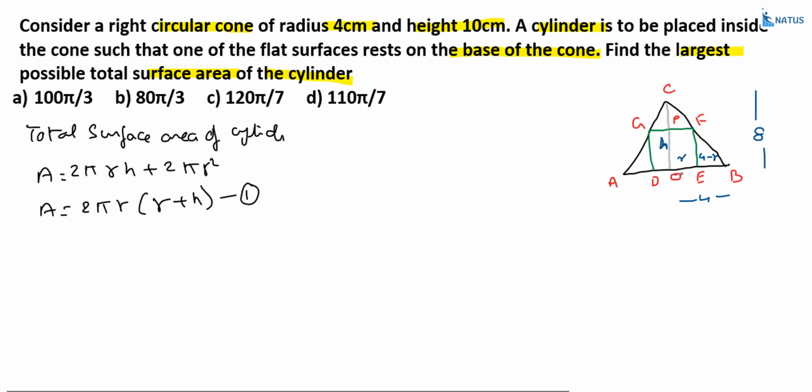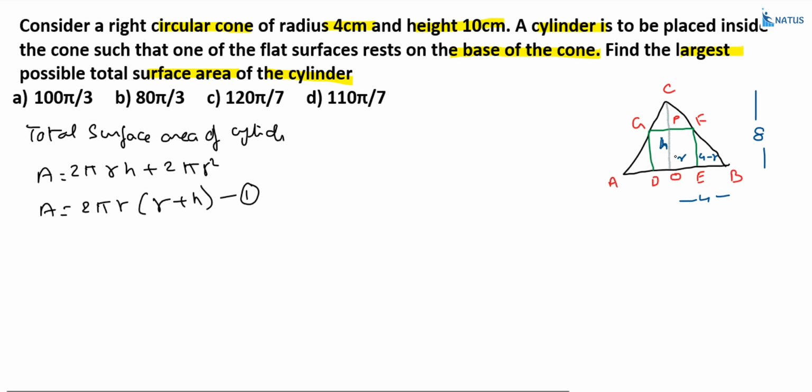Right? And next step: here we will find the maximum surface area. Here we convert the equation into one variable, because these two are inversely proportional, so we will convert the entire equation into either height or radius, any one variable.